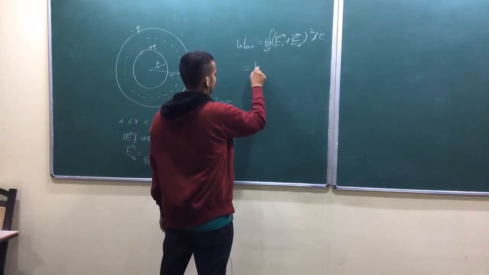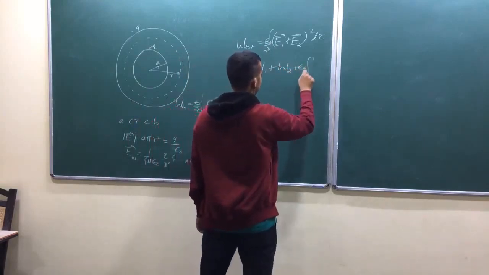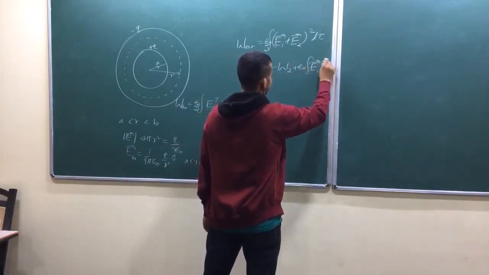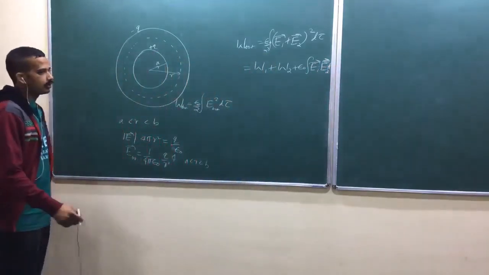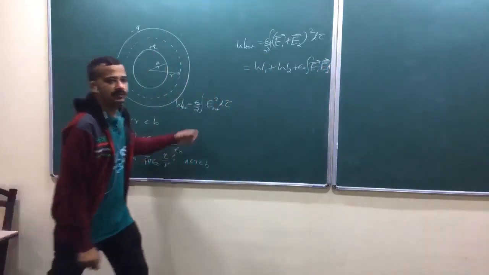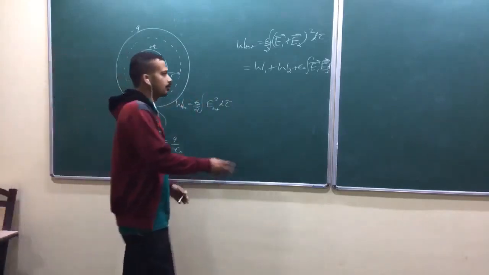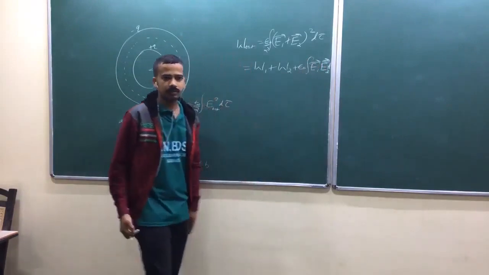We know this equals W1 plus W2 plus epsilon naught integral of E1 dot E2 d tau. So how do we apply this formula to this situation? In the other problem he asked for the integral of E1 dot E2.